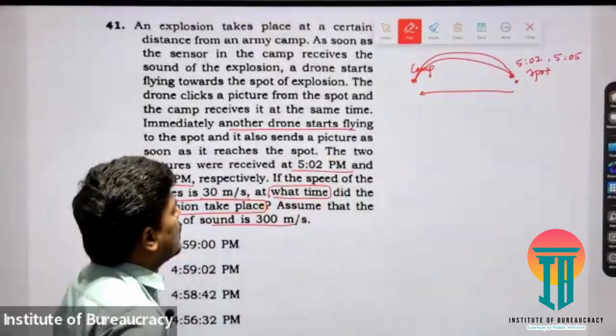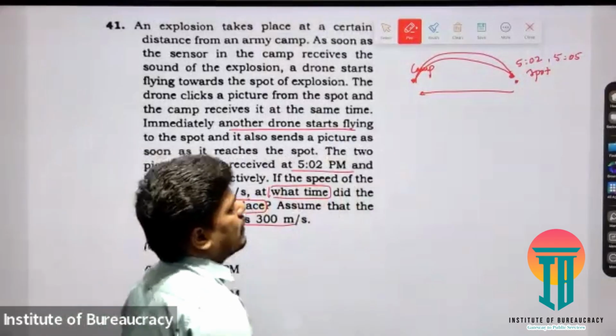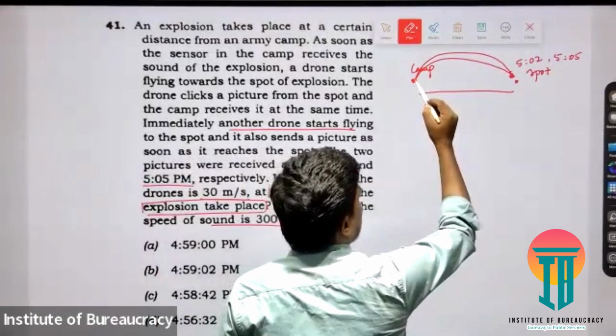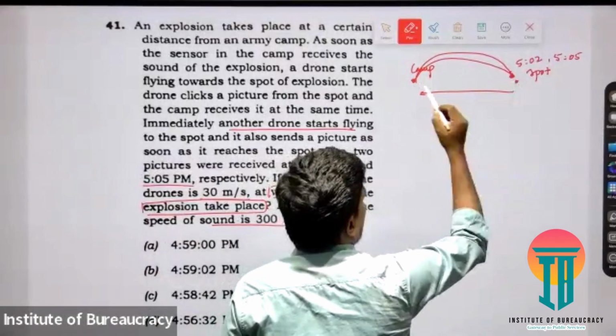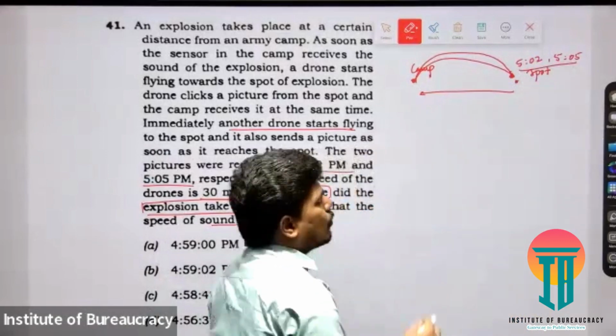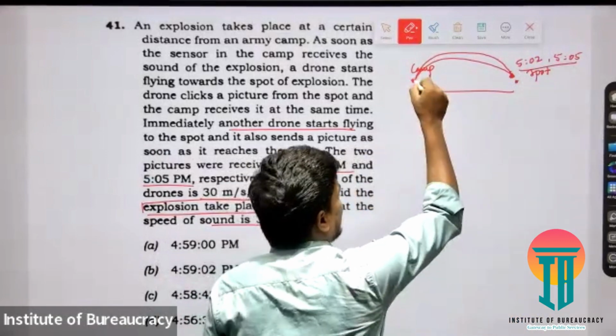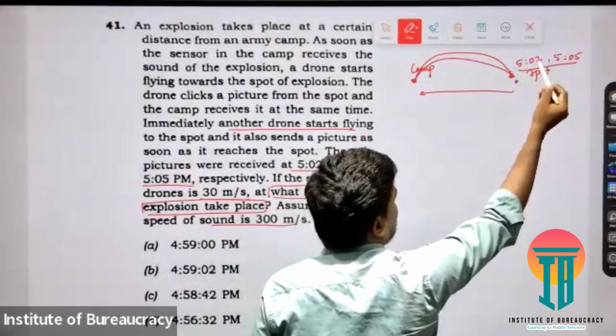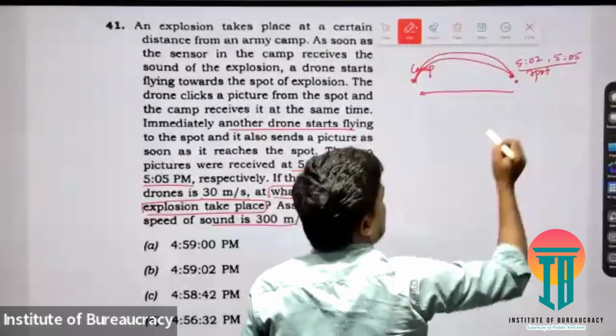That means the time taken by the drone to reach the spot from the camp is 3 minutes, because the difference is 3 minutes. Once the picture is taken, immediately the drone goes. So to reach that place and take the picture, the difference is 3 minutes.